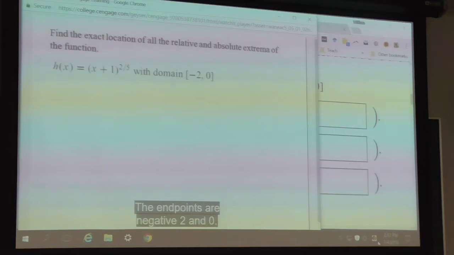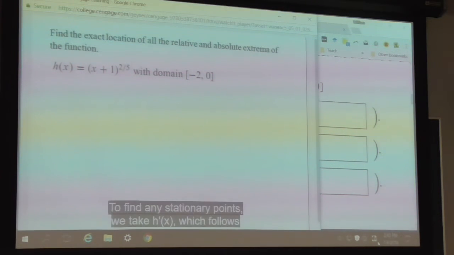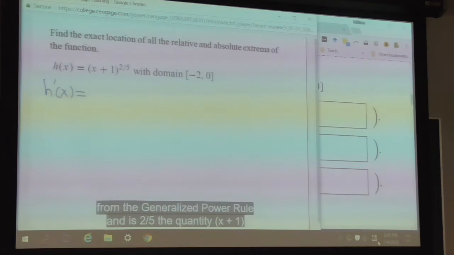The endpoints are -2 and 0. To find any stationary points, we take h prime of x, which follows from the generalized power rule, and is 2/5 the quantity x plus.